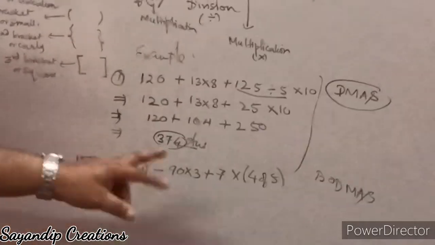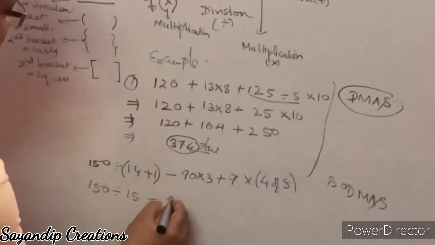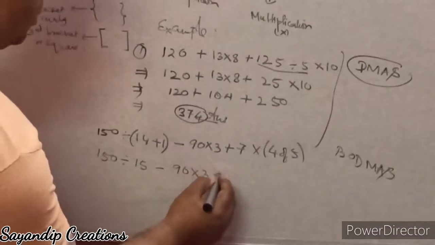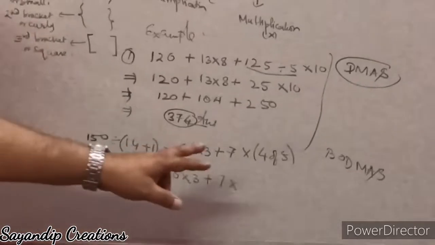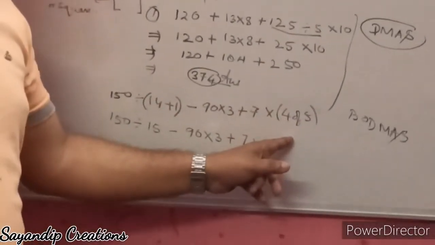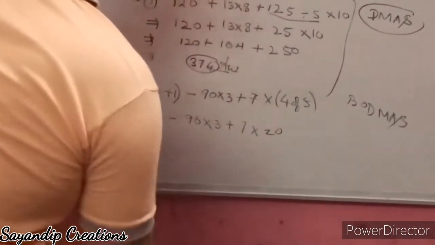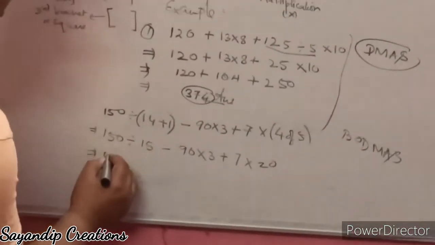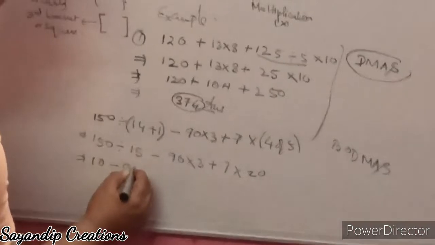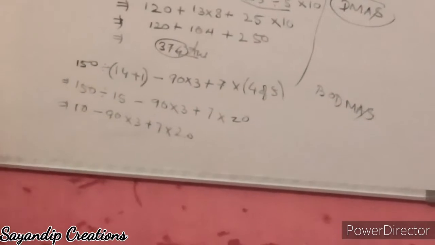So first you solve the bracket. 150 divided by (14 plus 1), that is 15, minus 90 into 3 plus 7 into 4 of 5, which is 20. So you are doing two operations here: one is multiplication first and then bracket removal. In the next step, 150 divided by 15 is 10, minus 90 into 3 plus 7 into 20.